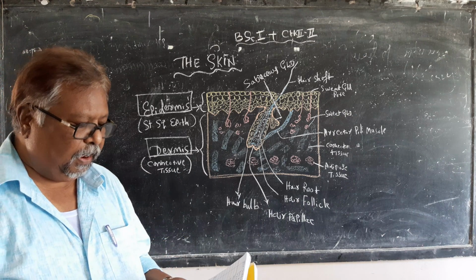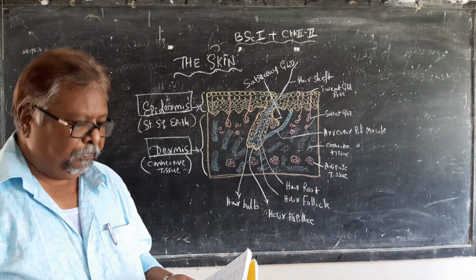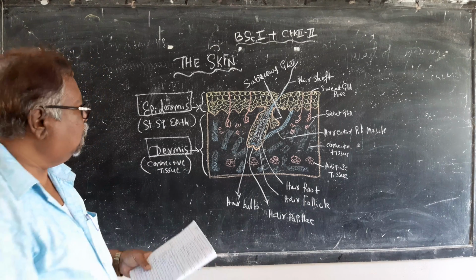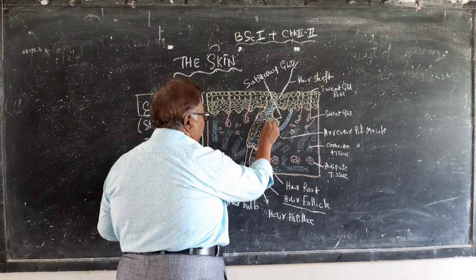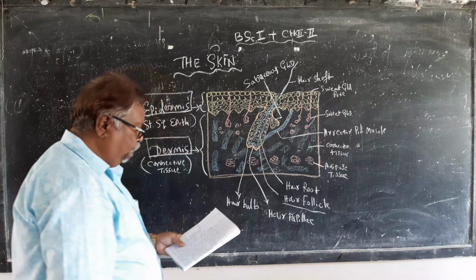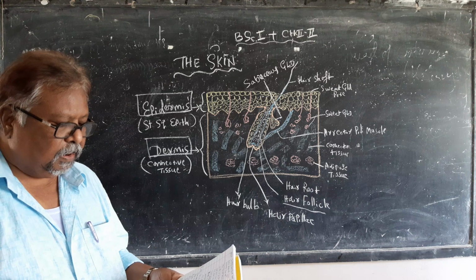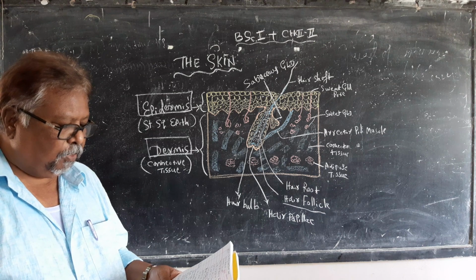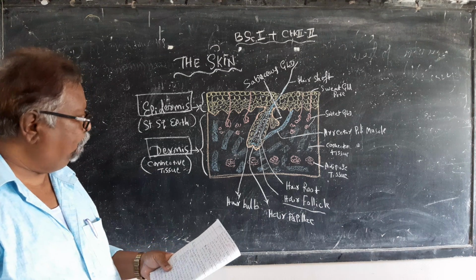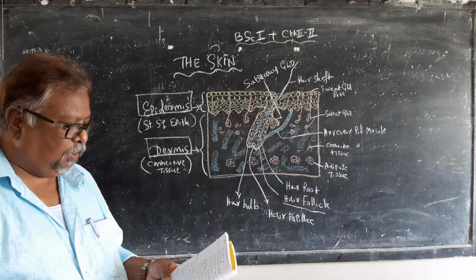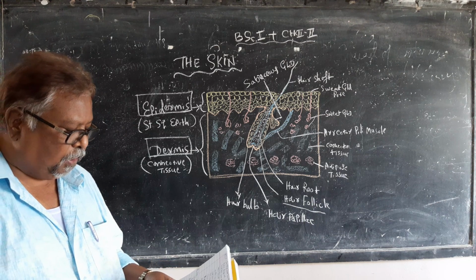The hair follicle is the tubular sheath surrounding the root, just like a sheath. The hair papillae, the extension of the dermis, which produces the hair and pushes it upwards.